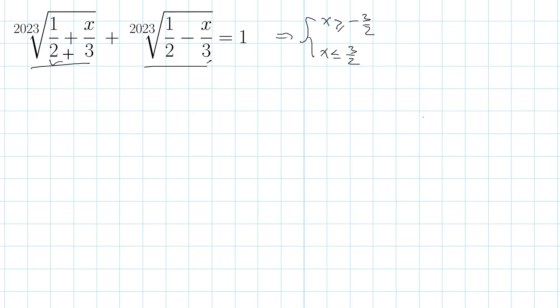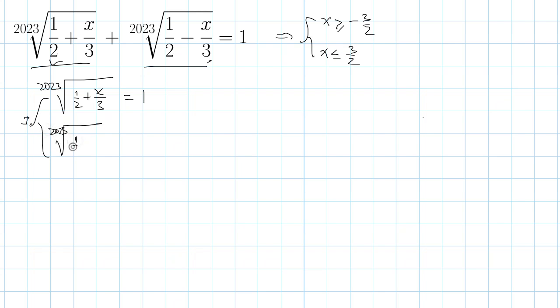So what we're going to do is I'm going to have my first condition. I'm going to have this root over 3. It's going to be 1 and the other is going to be 0.